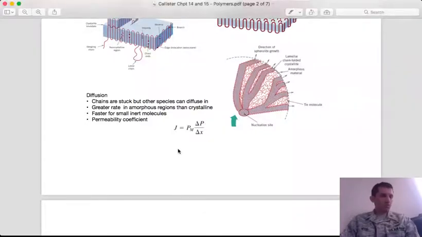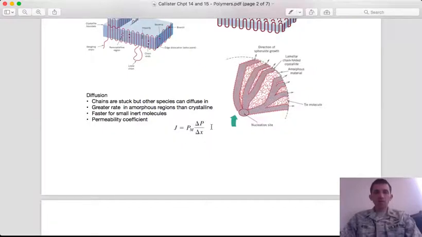Here we're talking about a gas diffusing through a polymer barrier, which is relevant, say, for using a food packaging material where you want to limit oxygen getting into the food, or water vapor, and so the permeability coefficient of that gas through that polymer film is important.